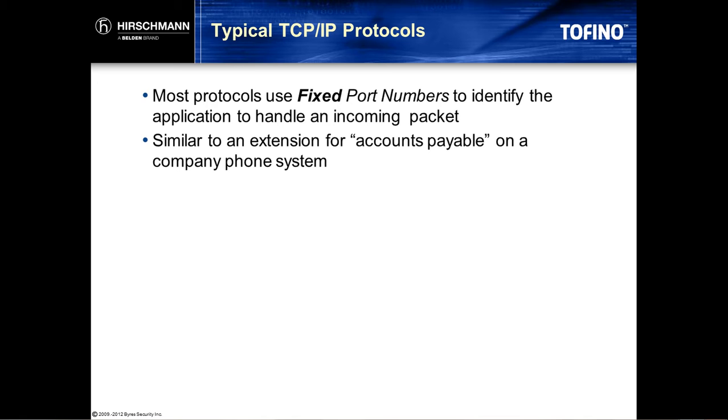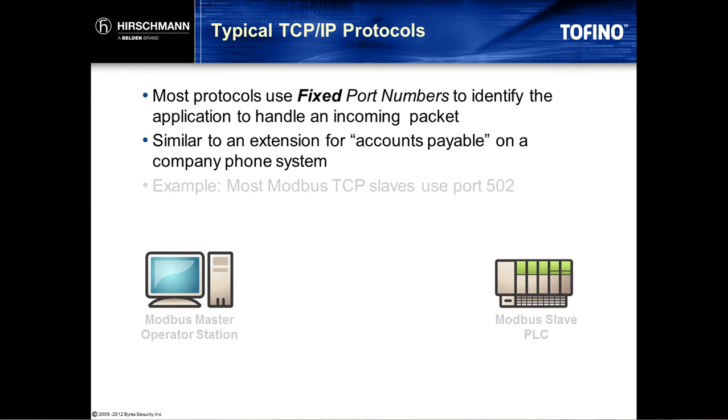First of all, let's look at how most conventional protocols work. Most protocols use a fixed, well-known port number on the server device, and anytime a client needs to access that service on the server, it always connects to that same well-known port number.